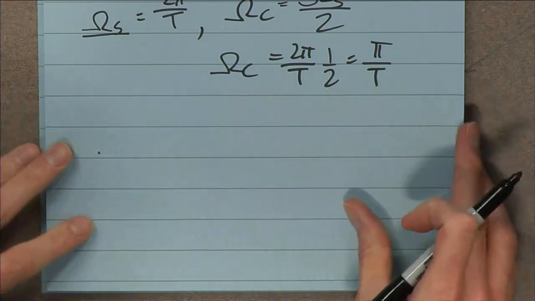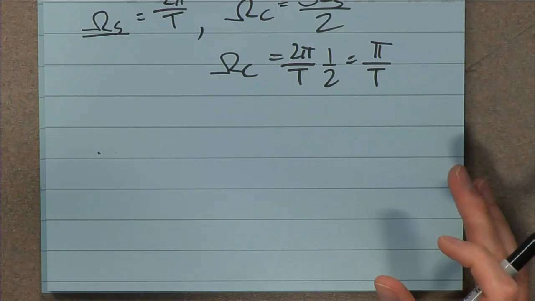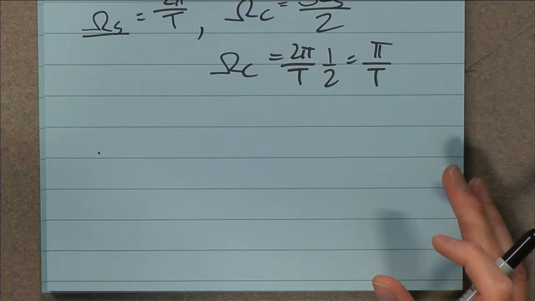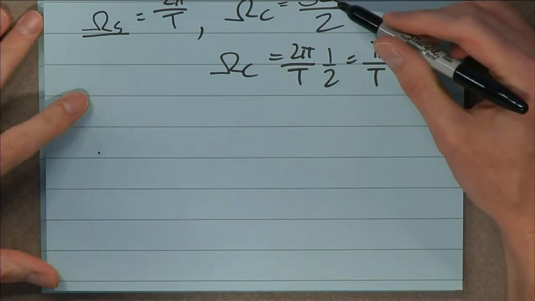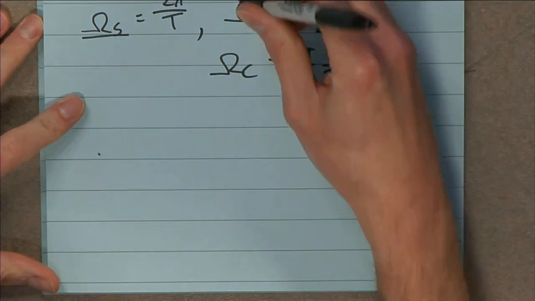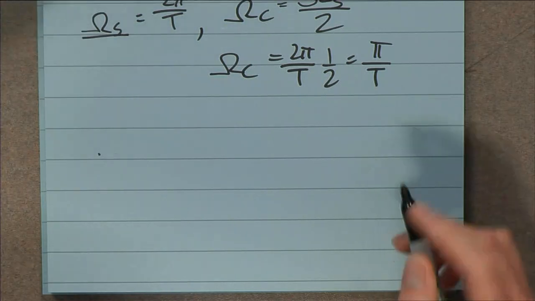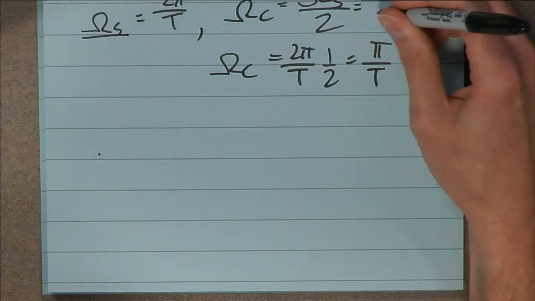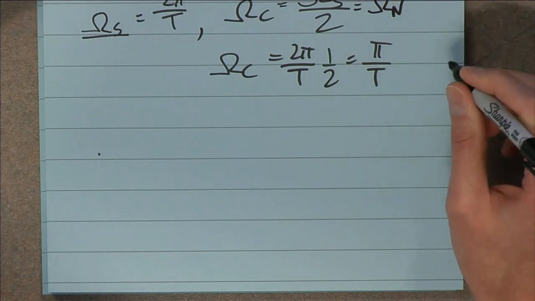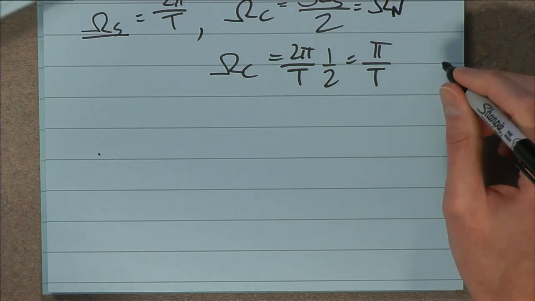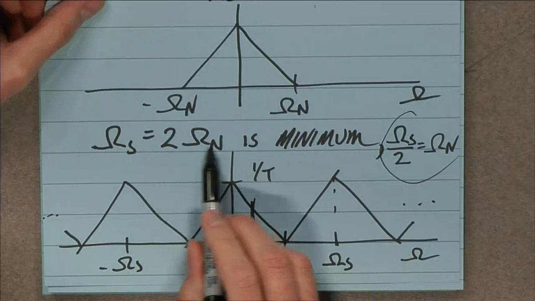Excuse me. I have a question. Yes. Where did you draw the conclusion that omega c equals omega s over 2? Let's see. Omega c is the cutoff for the filter. So that's also another name for omega n, right? Because omega s is 2 times omega n.